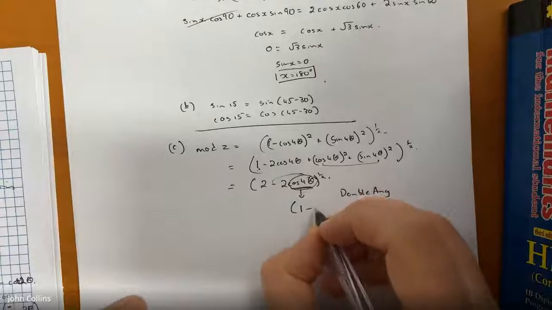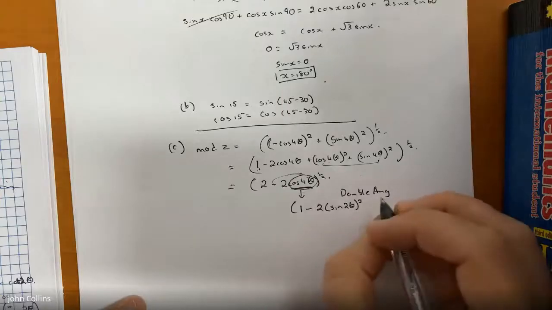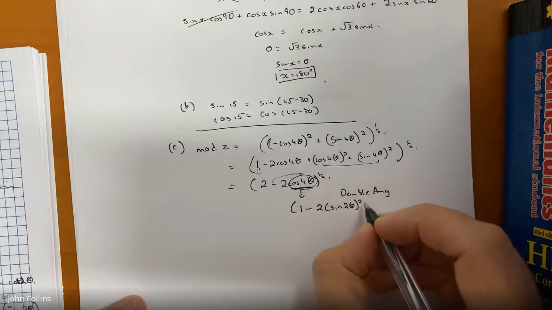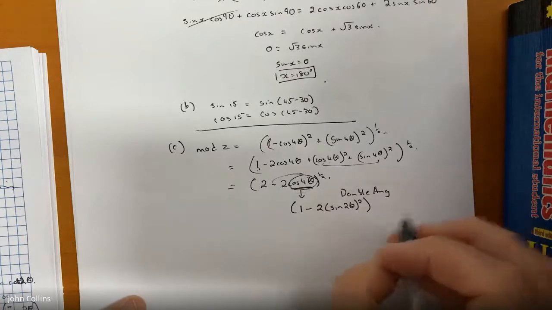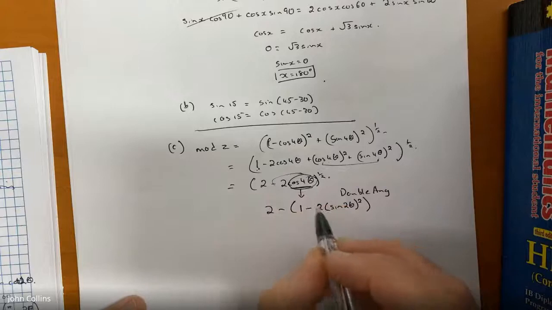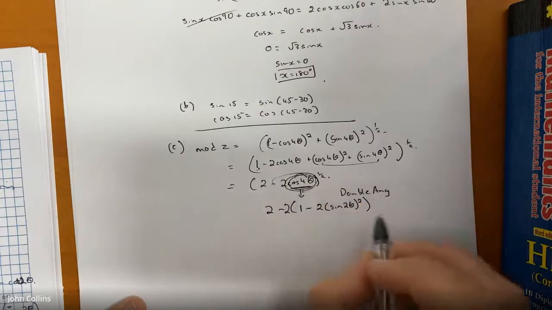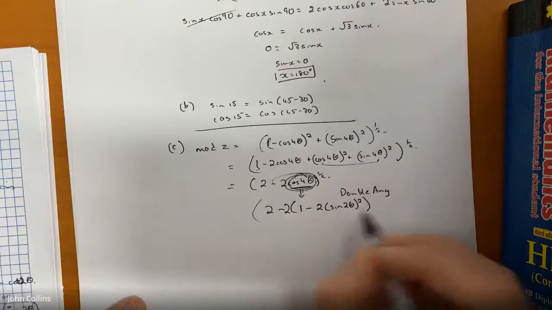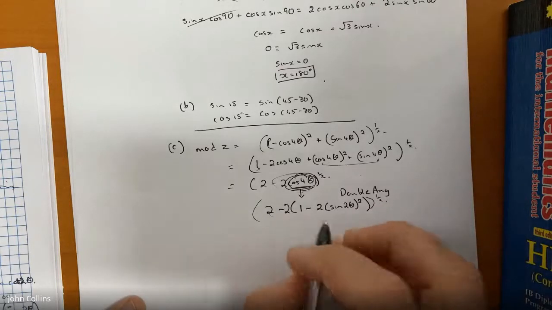Okay, well then, this would be 1 minus 2 sine 2 theta squared. And that's 2 minus still 2 minus 2. So I've just replaced this using the double angle formula, and that's still all square roots. Now I'm just trying to do this bit by bit.